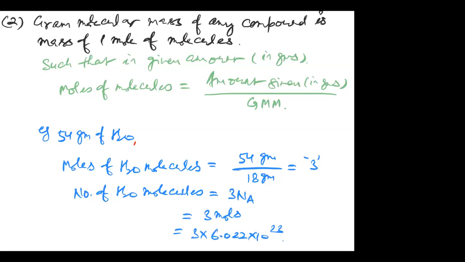So these many water molecules, again a huge number, are present in 54 gram of water. So atoms or molecules are very, very small pieces of any matter. I hope now you understand how we can find the number of moles of atoms or molecules in a given amount.